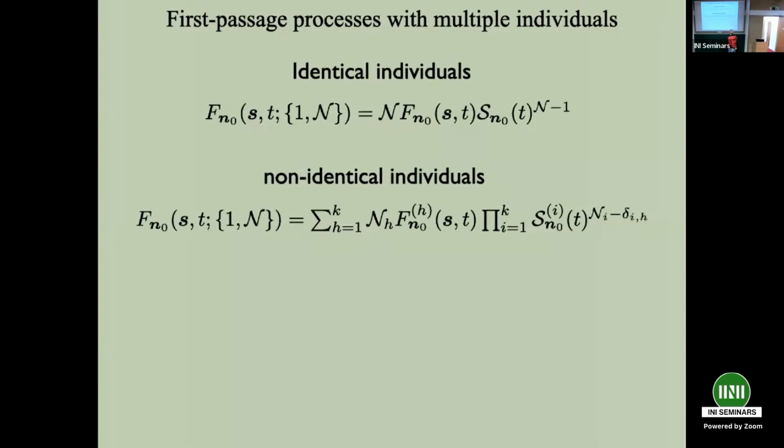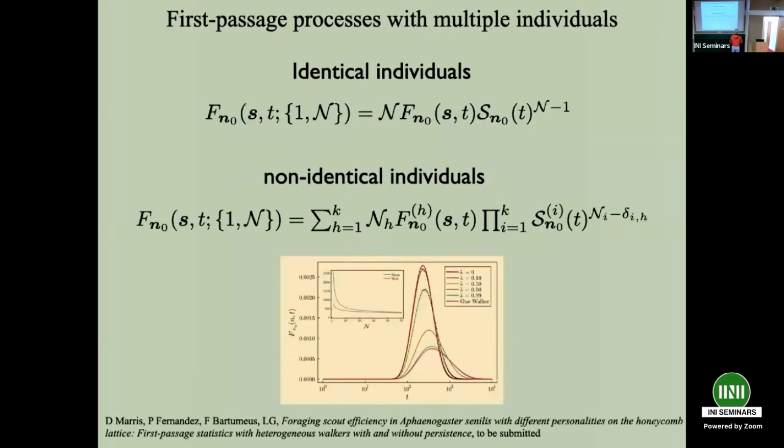Here you worry about the one of class H which reaches the specific site you're interested in. Suppose you're interested in splitting probability, then it all goes here. So you have a complete general procedure. Again, these are non-interacting walkers, and this is the one we are using in studying these ants.